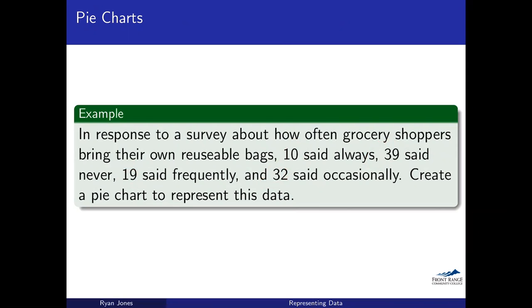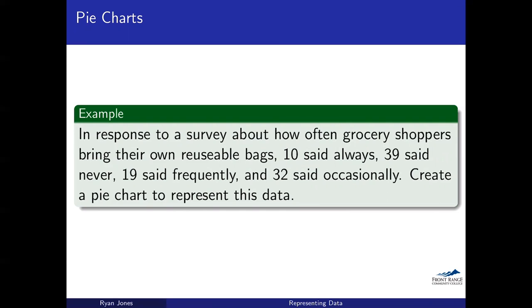What we could do first is say, we have the number of people that told us these answers, but if we're doing a pie chart it would be helpful to have percentages. So we want to figure out the percentages of people that said always or never, or one of these answers. First things first, we should figure out how many people were actually surveyed.